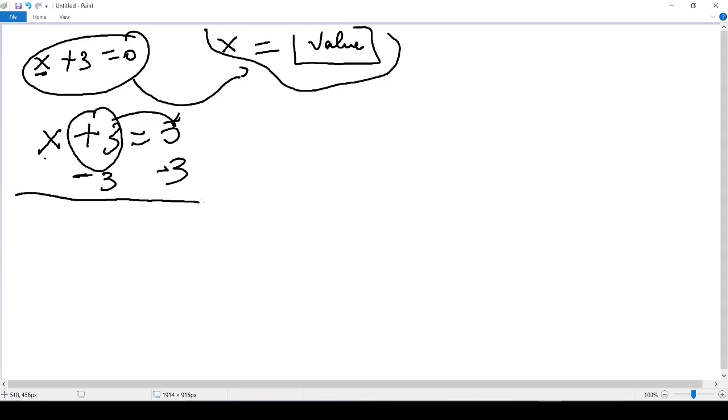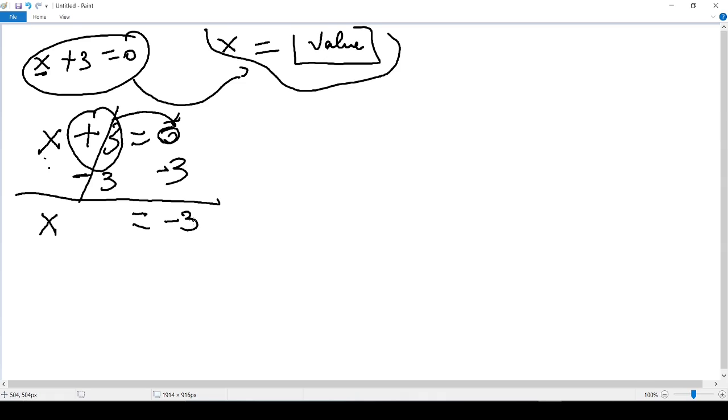And we perform our addition. x plus nothing is x, 3 plus -3 is 0, so they cancel. I'll bring my equal sign, and on the right I had 0. 0 minus 3 is -3. As we can see, we have x by itself and -3 as the value of x.